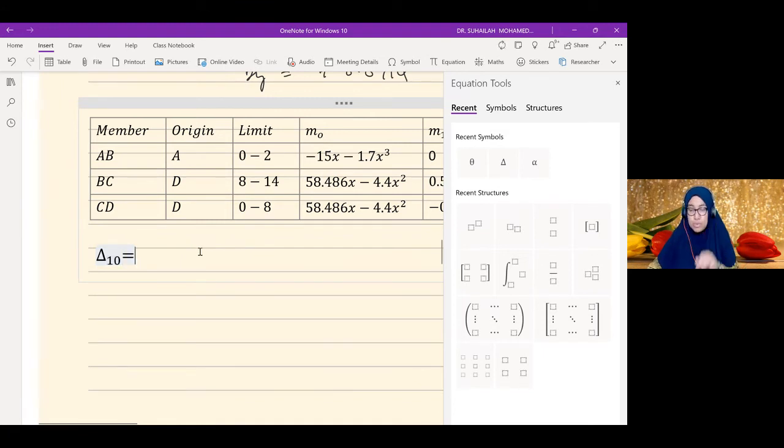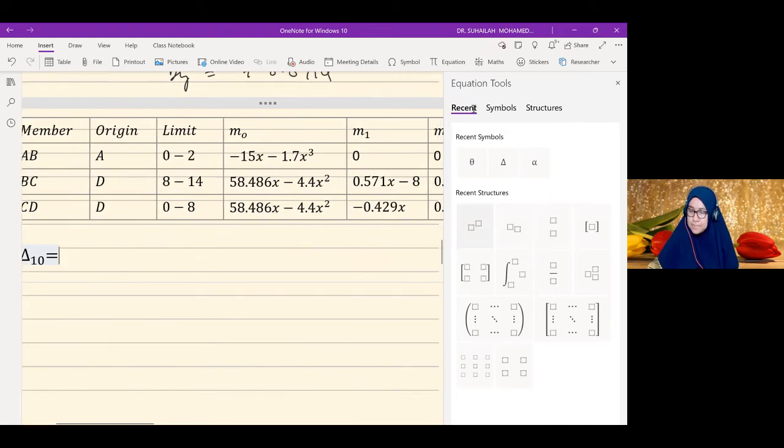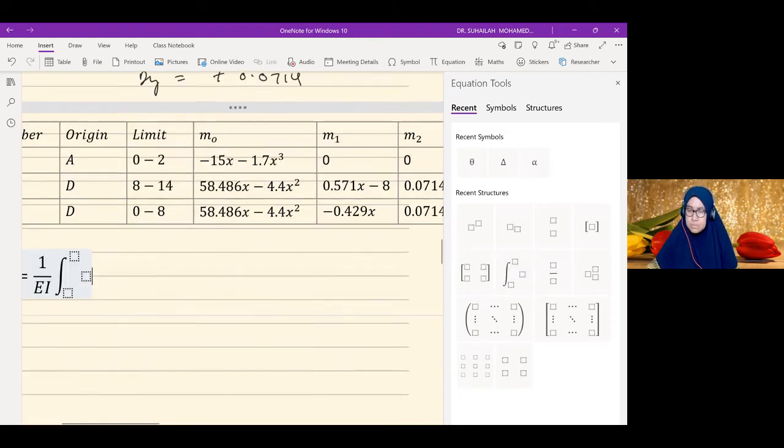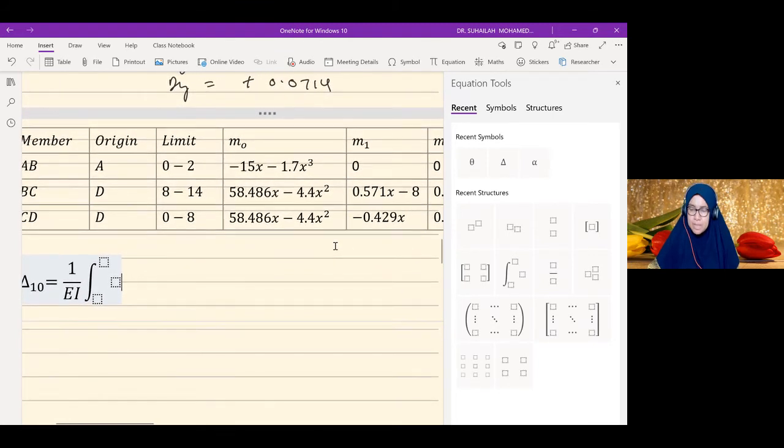It is 1 over EI. We integrate, for AB will be 0 because M1 for AB is 0.